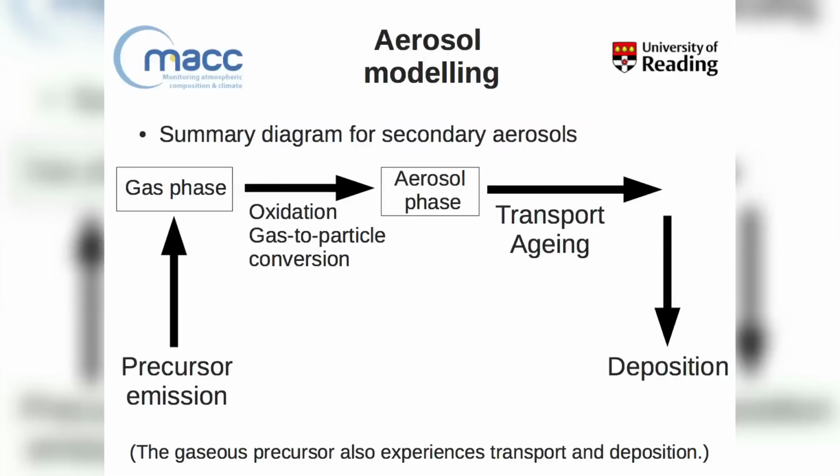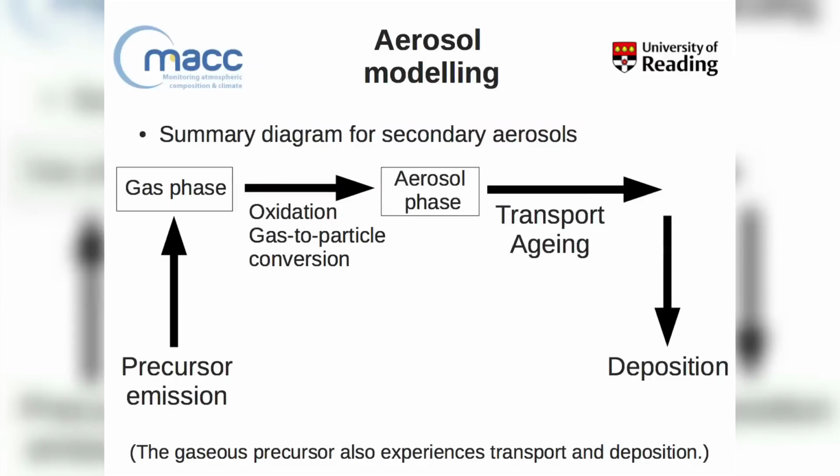For secondary aerosols, things are slightly more complex because the emissions are not the emissions of aerosols, they are emissions of their precursors. So we start in the gas phase, and the model has to represent the oxidation and the conversion from the gas phase into the aerosol phase before getting the aerosol mass.